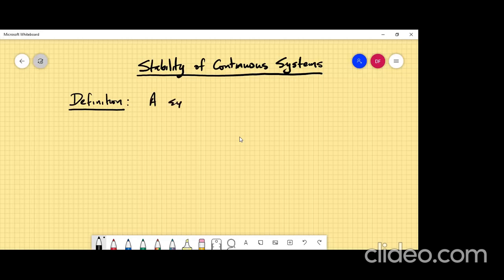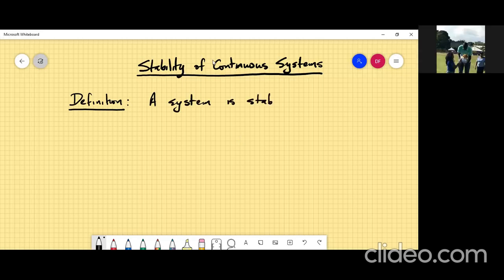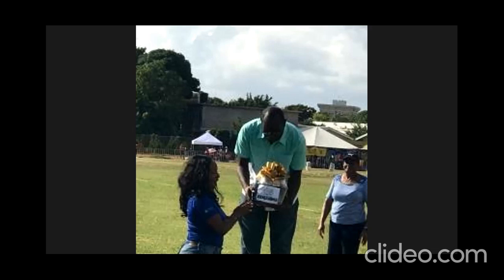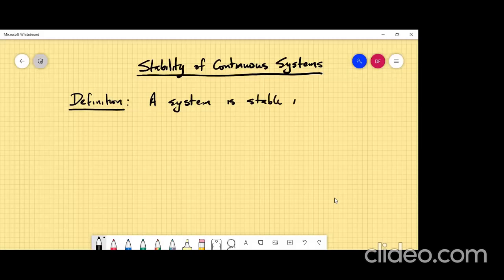A system is stable if and only if the limit of the output as t tends to infinity equals M, where M is finite.